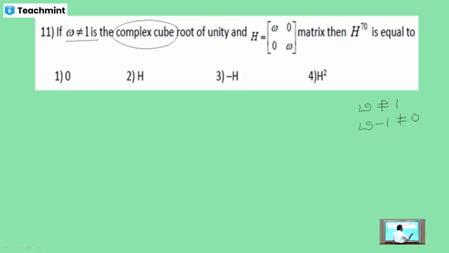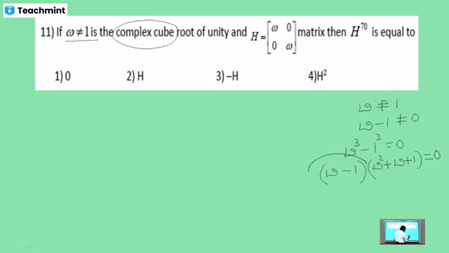Omega minus 1 not equal to 0 condition ನಮ್ಗೆ ಯಾವ್ದ್ರಲ್ಲಿ ಬರುತ್ತೆ? When I take omega cube minus 1 cube equal to 0 ಅಂತ ತಗೊಂಡ್ರೆ ಅದರಲ್ಲಿ one of the factors ಸಿಗುತ್ತೆ, because it is in the form of a cube minus b cube. You know that the factors of a cube minus b cube is a minus b into a square plus ab plus b square equal to 0.